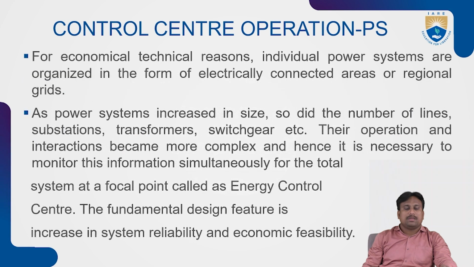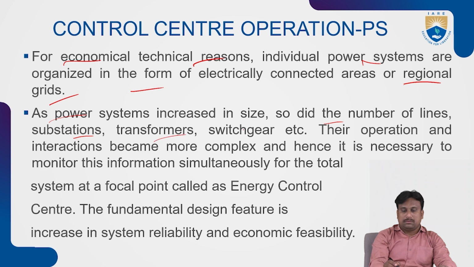So here for economical or technical reasons, individual power systems are organized in the form of electrically connected areas, or it may be taken as regional grids. And as the power systems increase in size, it leads to a larger number of lines, substations, transformers, switchgears, like that.